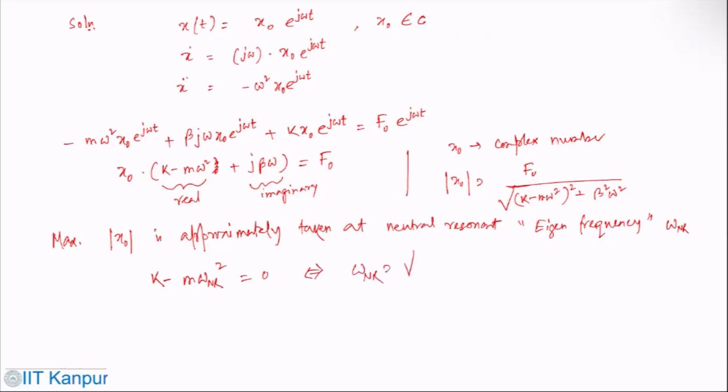Omega n r is root over kappa by m. So that is what you get for this.